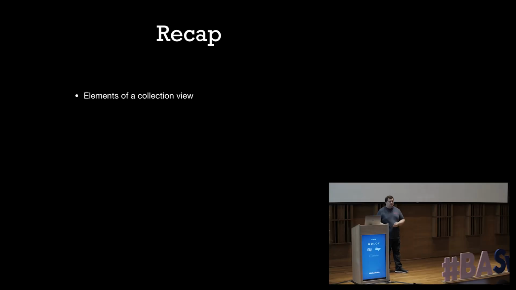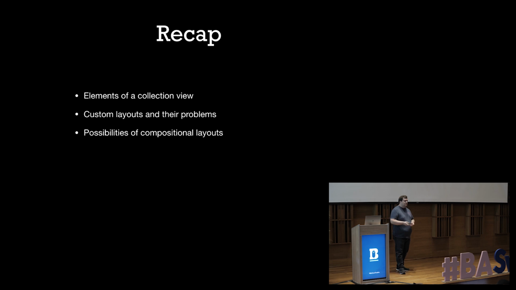We saw what the elements of a collection view are. We saw how to make a custom layout, what the problems with that are, and what the possibilities of a compositional layout are, so how flexible the API is. And finally, we saw that it's also easy to maintain and iterate. We can go back to our designers and change something almost immediately. It's so easy.